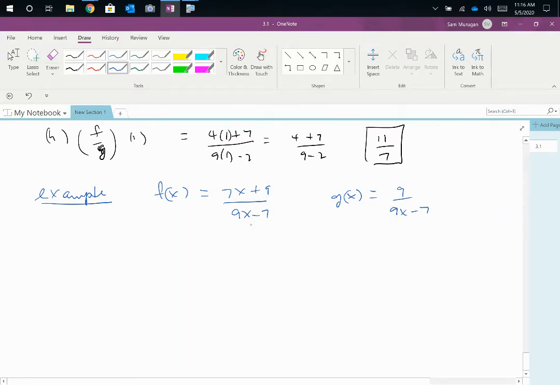Notice if we set the denominator 9x minus 7 equal to 0, we get x is equal to 7 over 9. So the domain is all x except for 7 over 9. Same for this one, because the denominators are the same, which is a great thing.